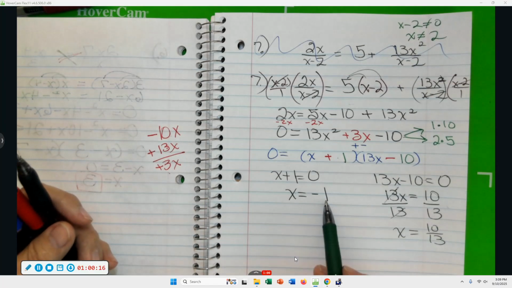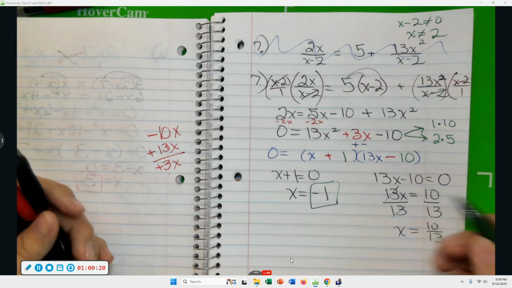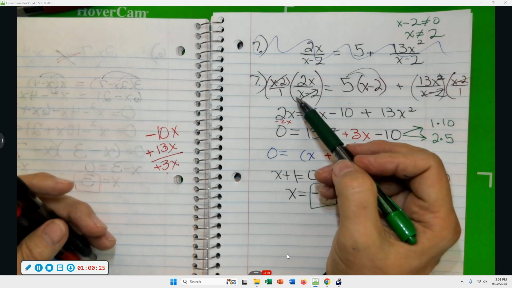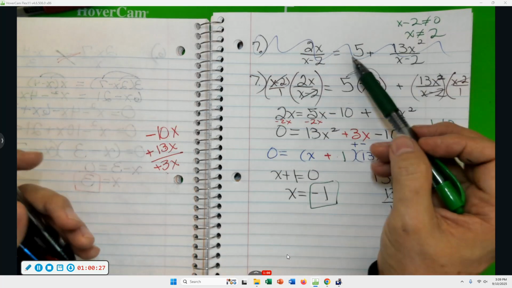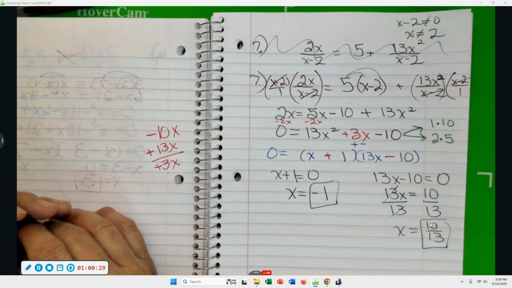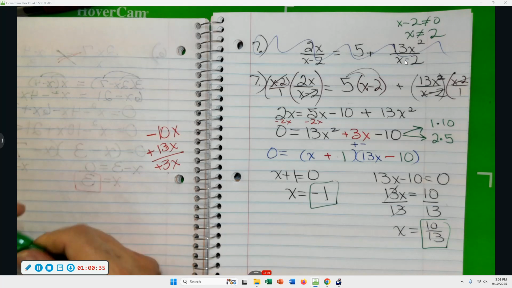Did we get a positive 2 as our answer? No. So both of these numbers are acceptable. For the fractions, you don't have to plug in and go through the original problem. All you have to do is make sure you don't get a denominator of 0.